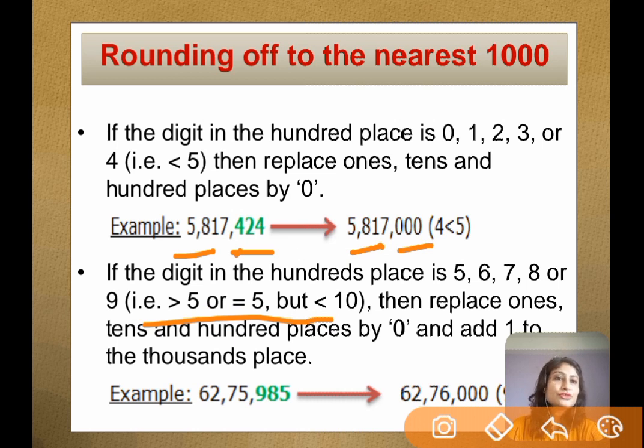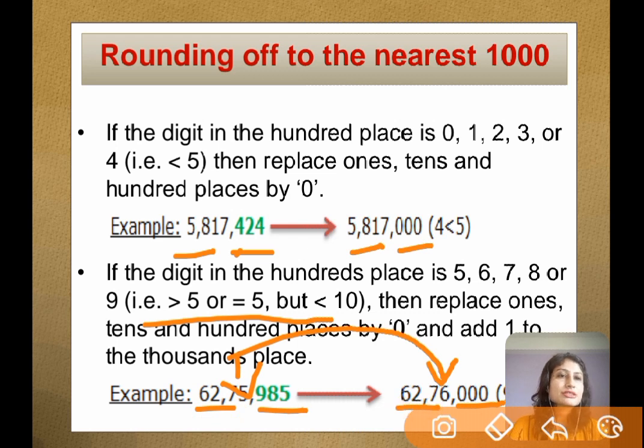For that you have to replace this 100 tens and ones with 0 and add 1 to the 1000 place. That means here 100 position is 5. So 5 plus 1 is equal to 6. And write down rest of the digits as it is. So here all these things are about how to round off the numbers to the nearest 10, 100 and 1000.